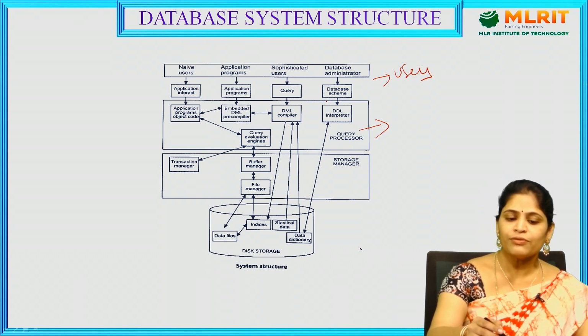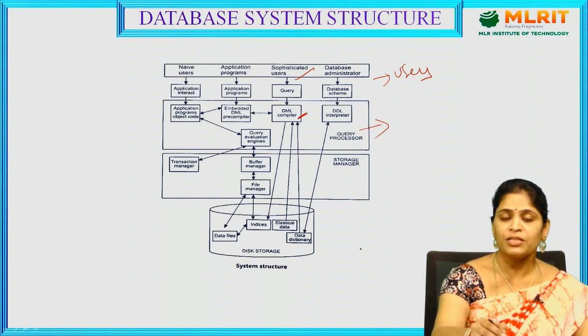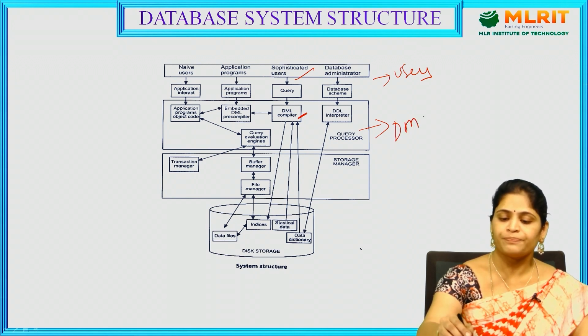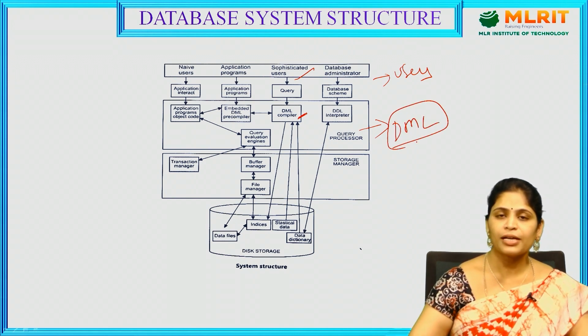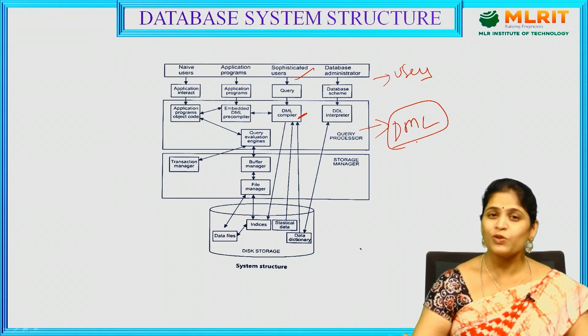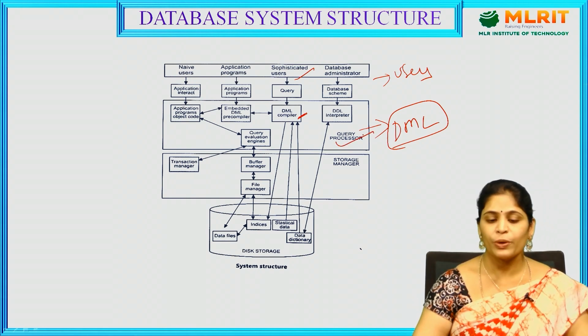The sophisticated users interact with the database through the DML compiler, using data manipulation language commands, and those commands will be compiled and interpreted in this phase, the query processor.